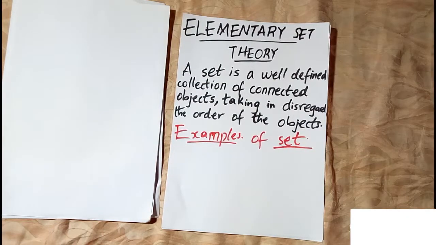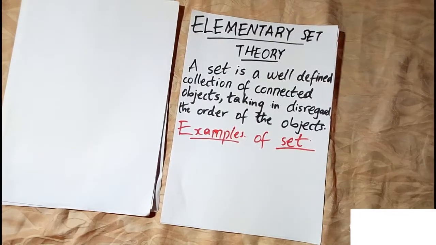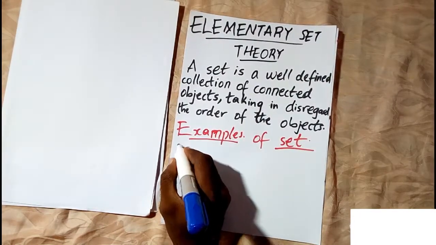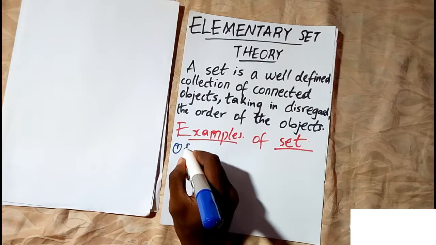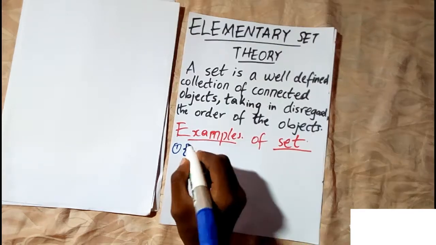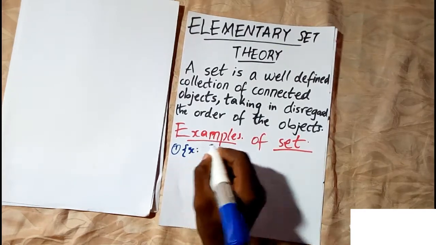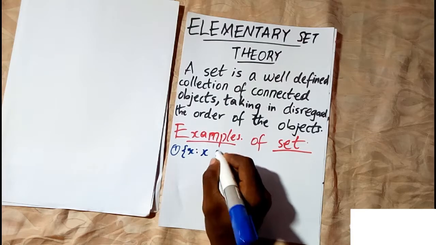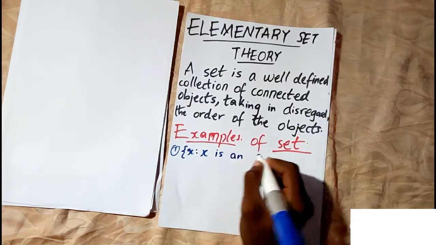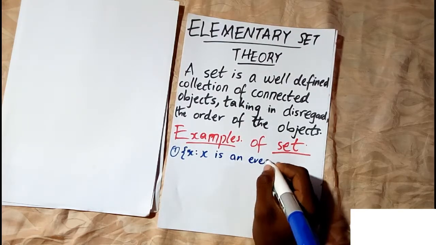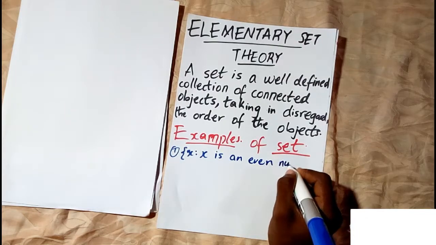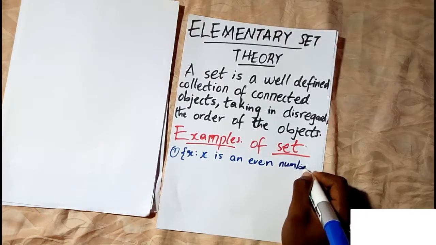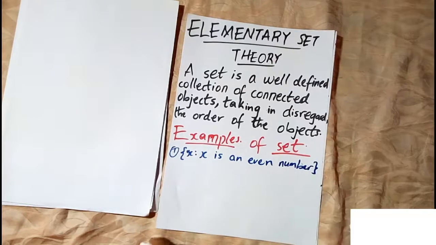Let's take examples of sets. Number one, we have a set of even numbers x, such that x is an even number. So this is a set now.